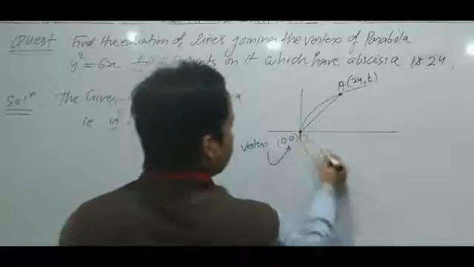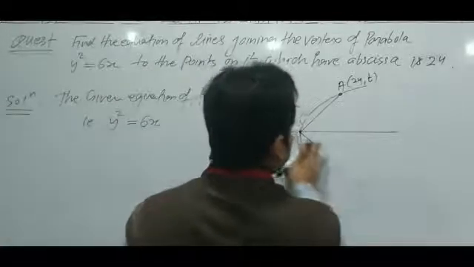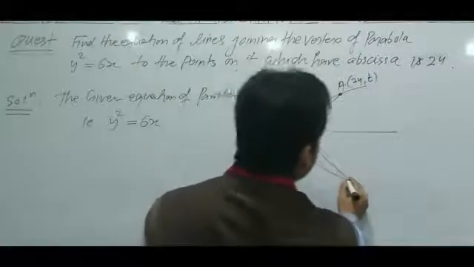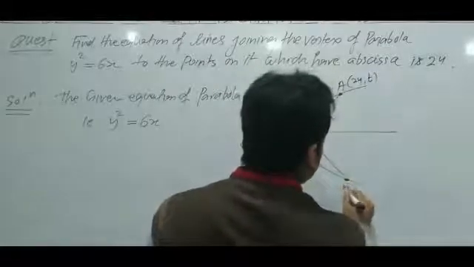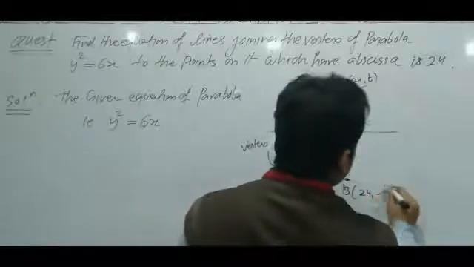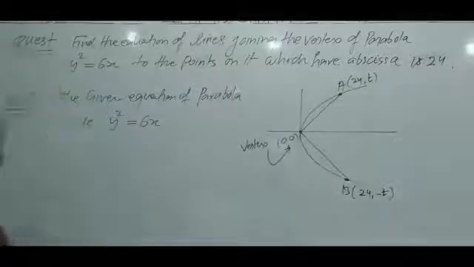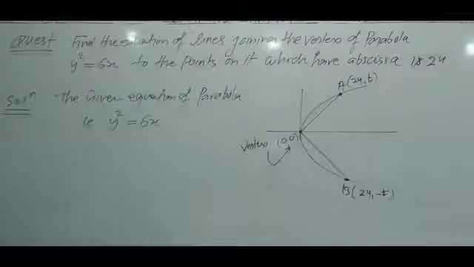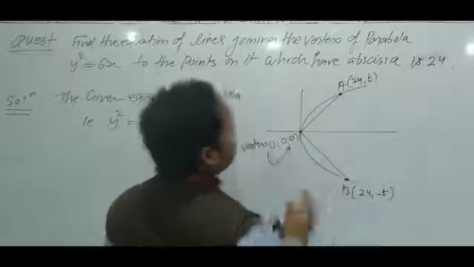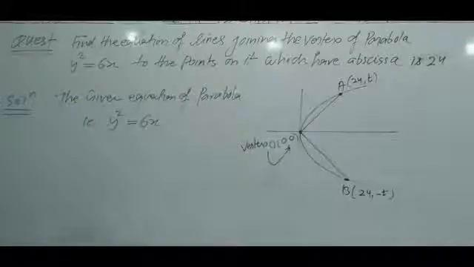And this is also a point whose abscissa is 24. Suppose this is the point B, (24, minus t), because y is negative in this figure. We have to find the equations of lines OA and OB, both equations.